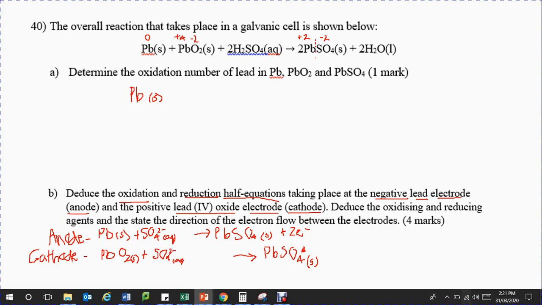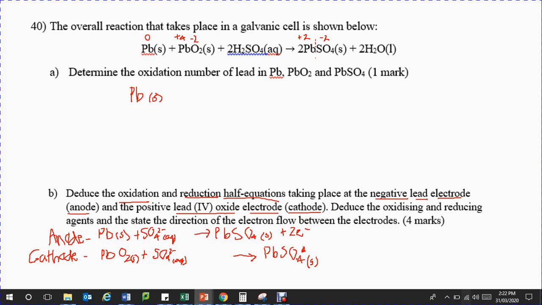That's my key elements balanced. Now I need to balance my oxygens. I've got 2 plus 4, so 6 oxygens, but I've only got 4 on this side.